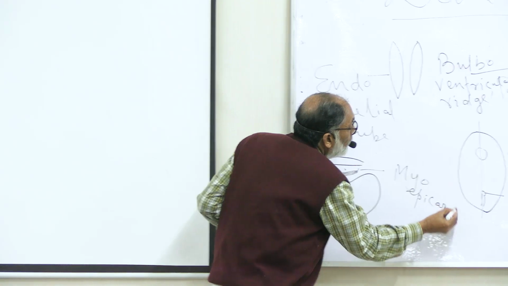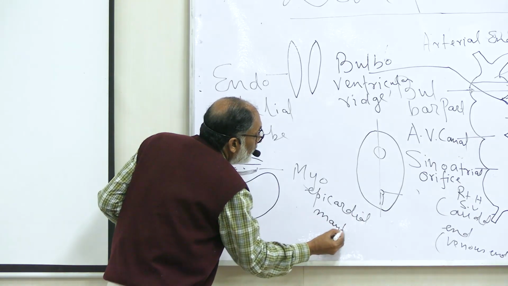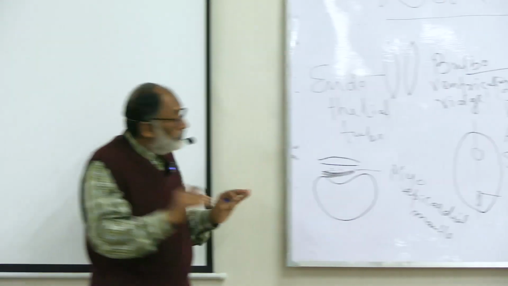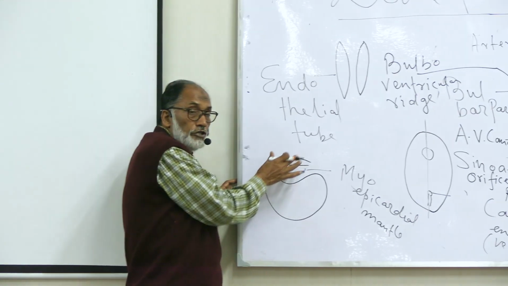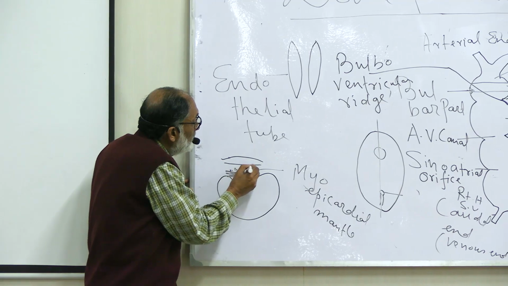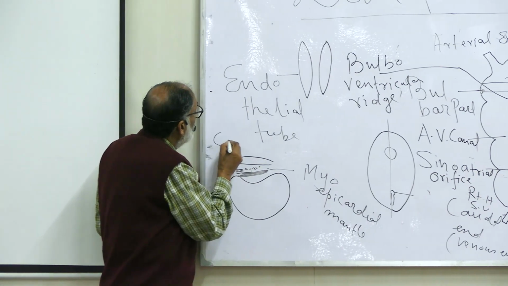Initially, there is a jelly between the endothelial tube and the myoepicardial mantle. Some jelly-like substance lies here. That is called cardiac jelly.